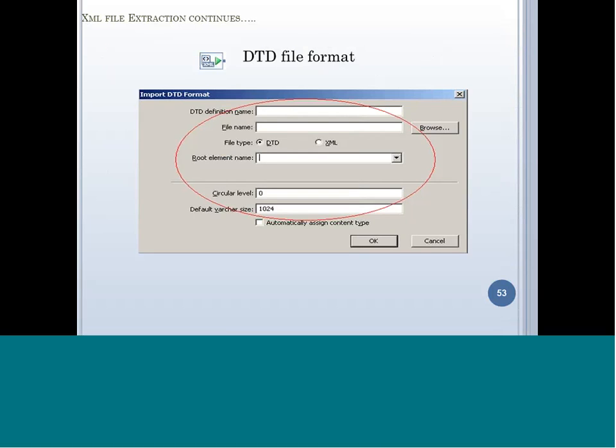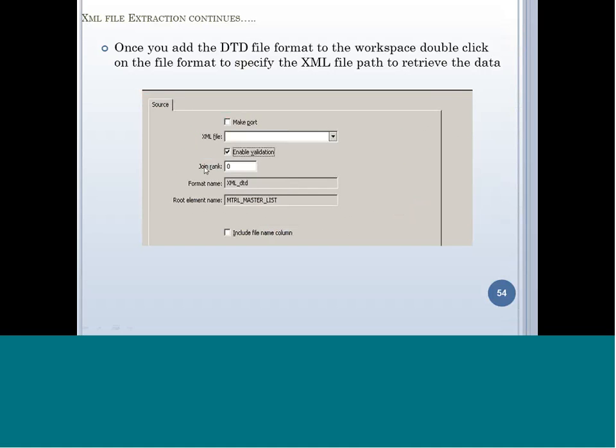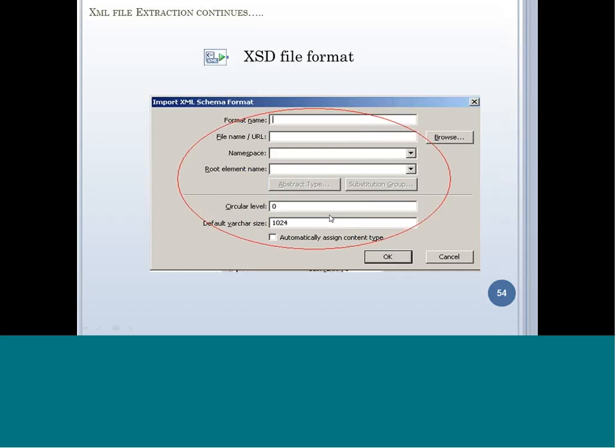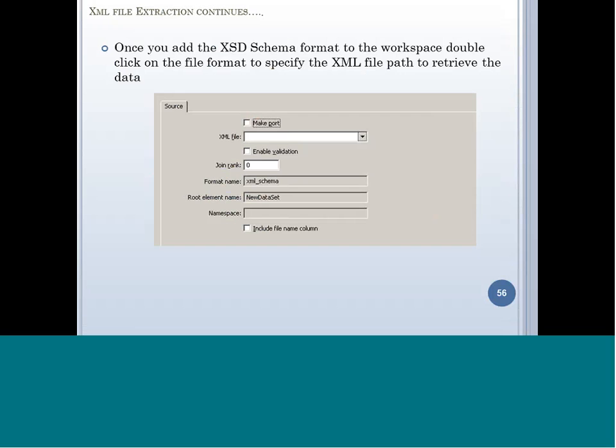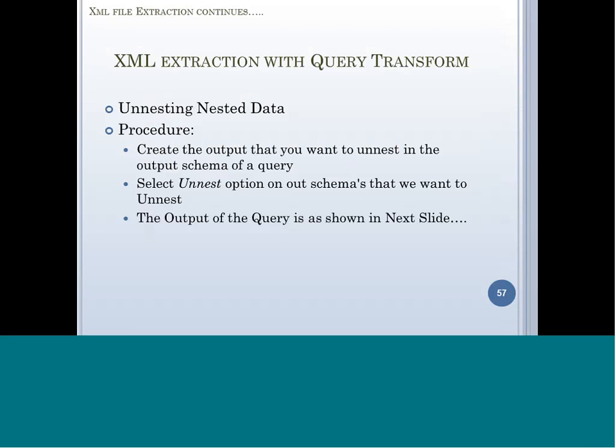I've just mentioned these diagrammatically, where you have to refer to everything. This is the place where you have to import your file, and we will see that. What is the process to follow if we are extracting the data using the query transformation?